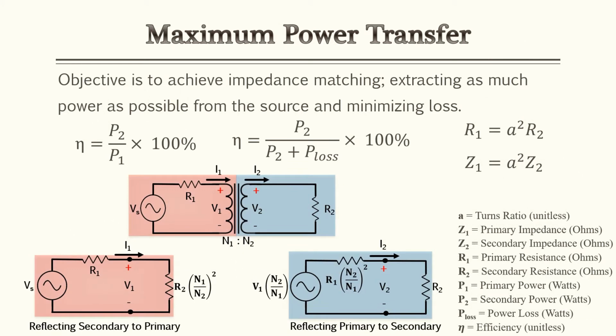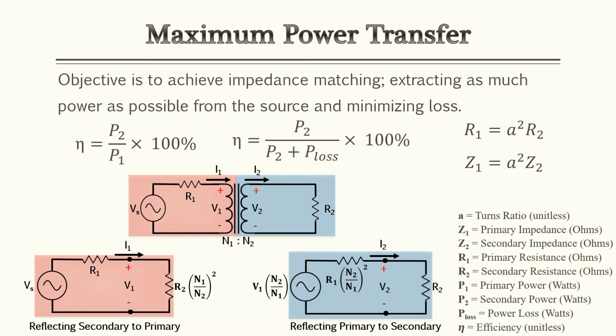On the earlier slide, we talked about impedance matching as one of the key purposes for transformers. It's important because it's used for maximum power transfer. The objective is, by matching the impedance, you can extract as much power as possible from the source to the load and minimize loss. I have a schematic here that provides a red side and a blue side. The red side is your primary, the blue side is your secondary.